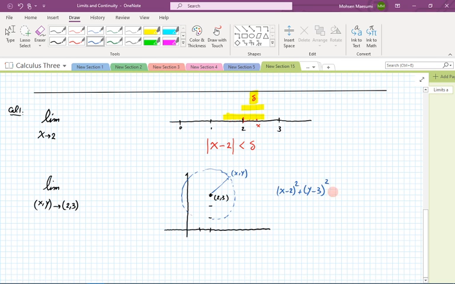That's the square of the distance, and it has to be less than delta squared. If the leash is size delta, then the dog has to be inside this region, and that inequality is going to be valid. If you want to take the square root, we have to write a little bit more, but the idea is the same. So you might see either of these things in your problems or in text.